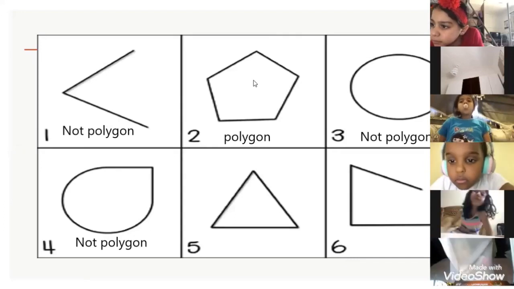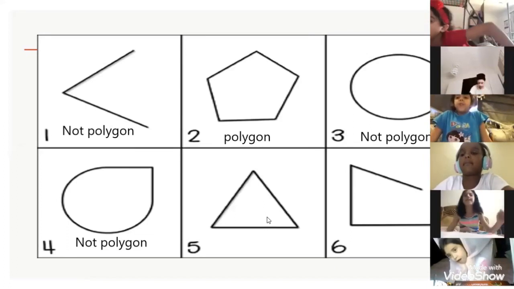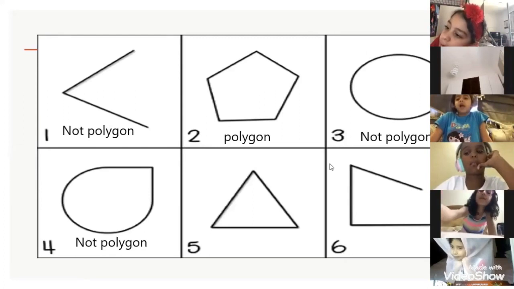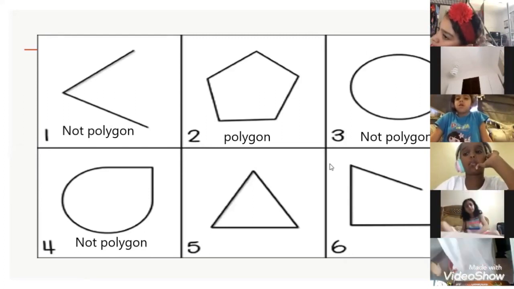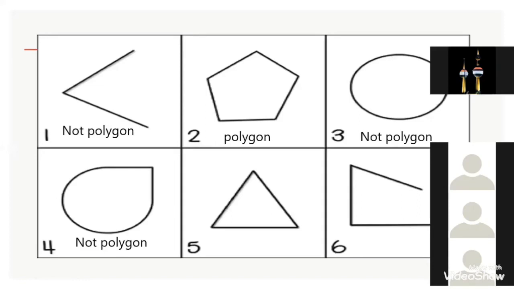Okay. Let me choose another one. Kadi, is number 5 polygon or not polygon? Polygon. Polygon, excellent. Okay, number 6. Polygon or not polygon? Not polygon. Why? Because it's open. Excellent, because it's open, it is not a polygon.